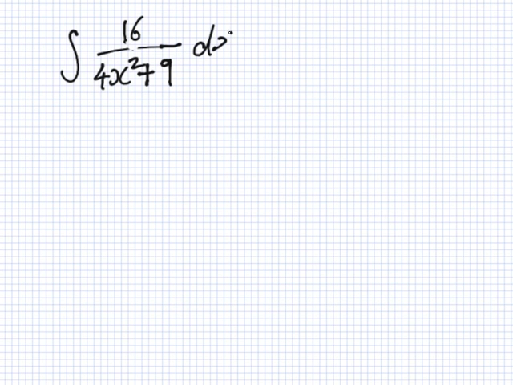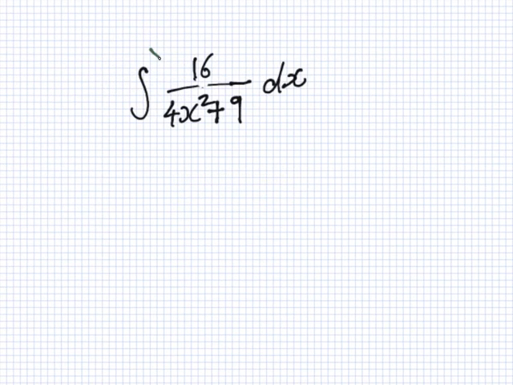So on the top we have a linear, and on the bottom we have what? A quadratic, although it's a special type of quadratic. What's unusual about this quadratic? No x, only an x squared.